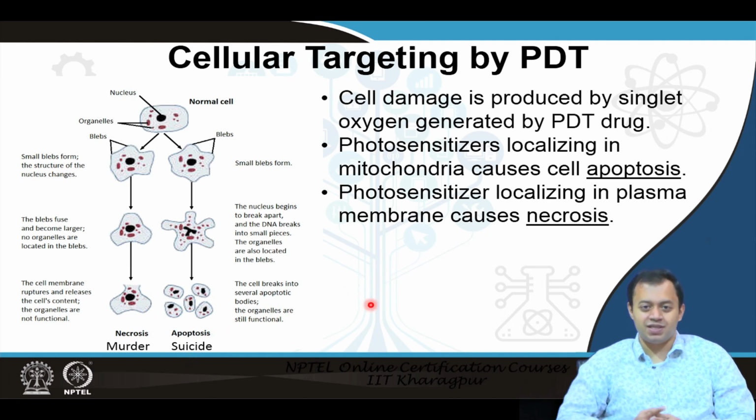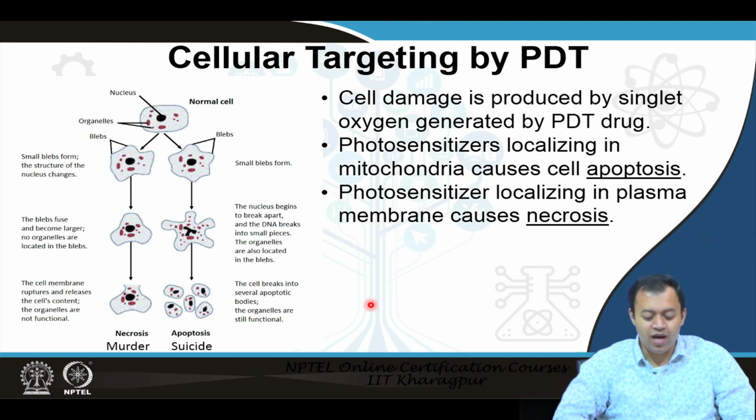Apoptosis is programmed cell death. This is where the cell dies by itself. You trigger a specific mechanism in the cell, and the cell simply destroys itself. Necrosis, on the other hand, is because of some external factor.